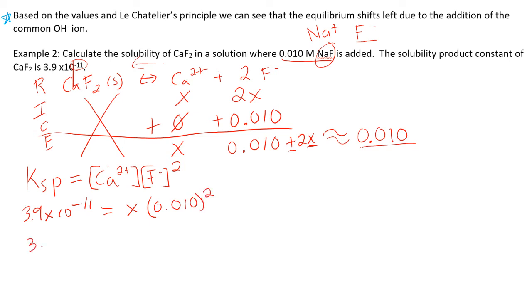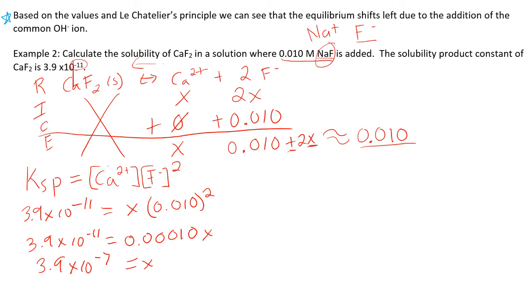We would get 3.9 times 10 to the negative 11th equals 0.00010x, which means x would equal 3.9 times 10 to the negative 7th. As always, you can pause and check those calculations, make sure you're on the right track.